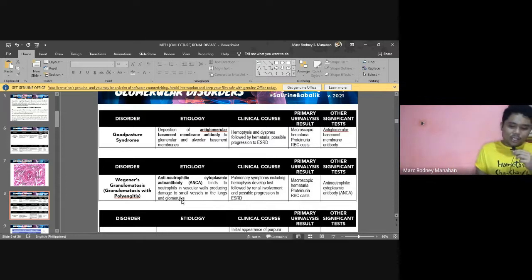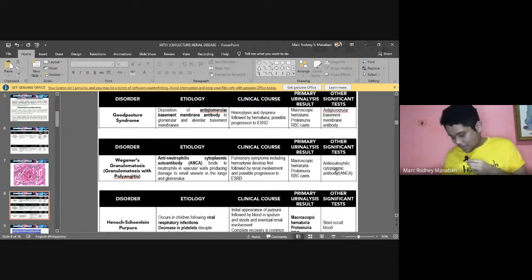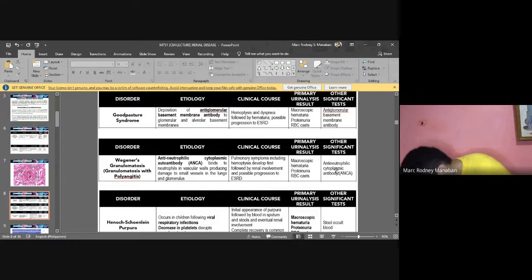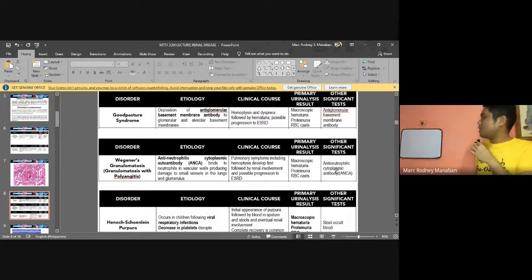For clinical course, pulmonary symptoms come first, including hemoptysis, followed by renal involvement. And same with Goodpasture, it can progress to ESRD, or end-stage renal disease. For UA results, same as well, and for other significant tests, the detection of the autoantibody. So how do we remember? Especially in immunoserology, for these autoimmune diseases, you have to remember the autoantibodies involved.